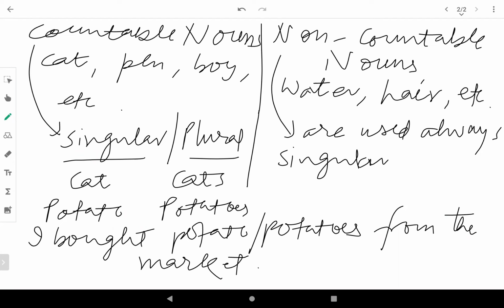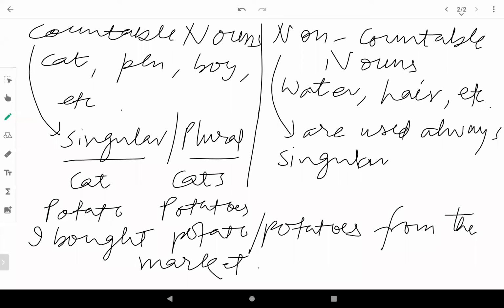But in case of non-countable, I say non-countable are always singular. These are common general rules. But I have given you an example here. Potato can be made plural as potatoes. But look at the sentence. It is the use of the word in the sentence that makes it countable or non-countable. For example, in this sentence, I bought potato or potatoes from the market.